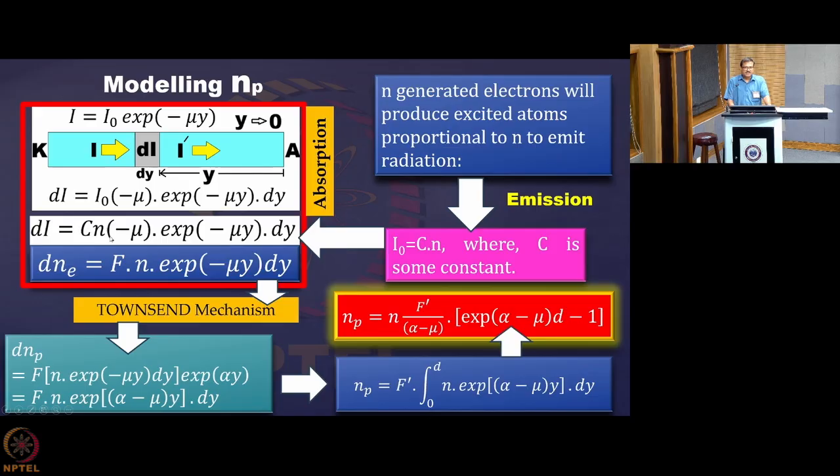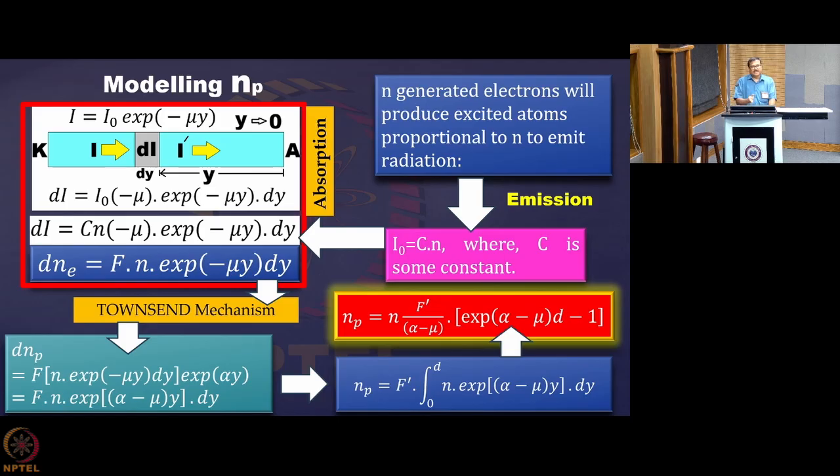This is proportional to dI, and if you absorb the rest of the constants, C, mu and all these, into another constant f, what remains is n and then exponential minus mu y dy. So the number of photoelectrons generated out of this is equal to f n exponential minus mu y dy. These are the electrons which will now participate in the Townsend breakdown mechanism.